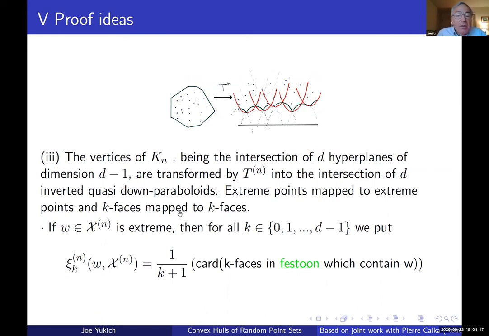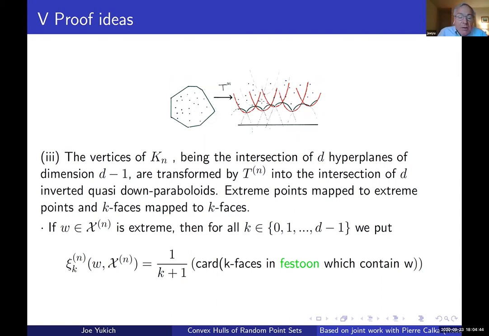If the point is extreme, that's to say, if it's this point or that point or that point, then the score is simply the product of 1 over k+1 and the number of k-faces in this festoon which contain the point. Otherwise, if the point is not extreme, for example, if it's one of these points, we let the score be 0.